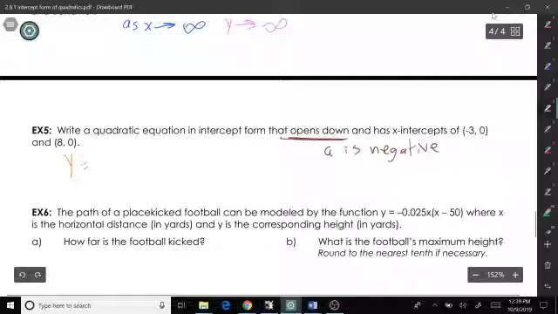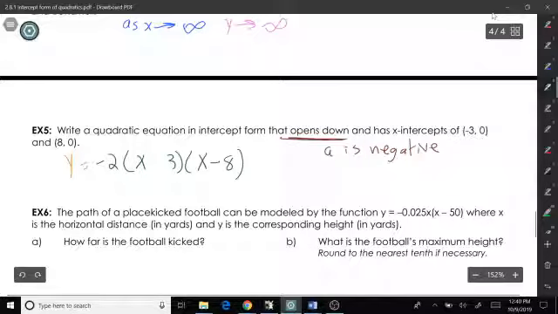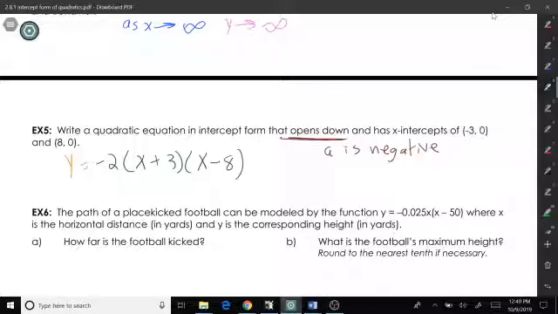So y equals negative a value. So let's do -2 times x plus 3 times x minus 8. That will be okay. You could have any other negative number up and you'd be fine.